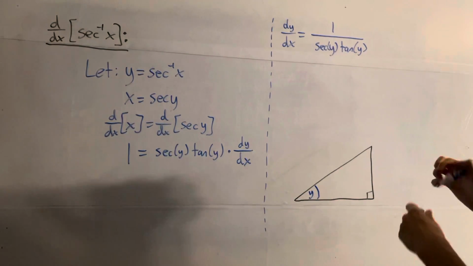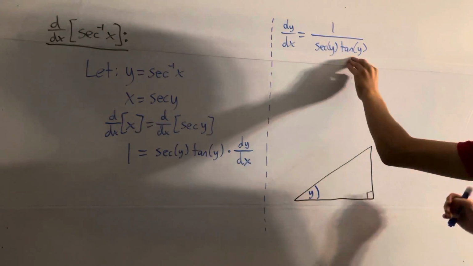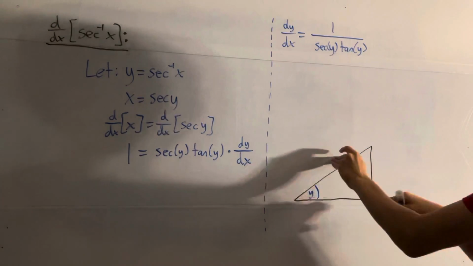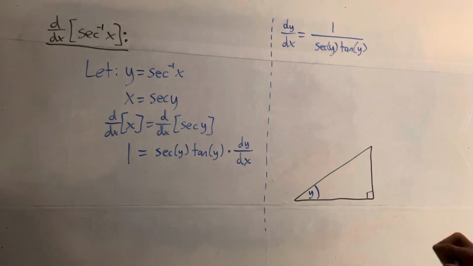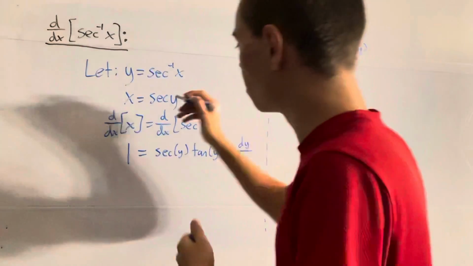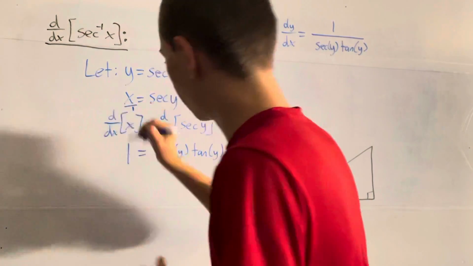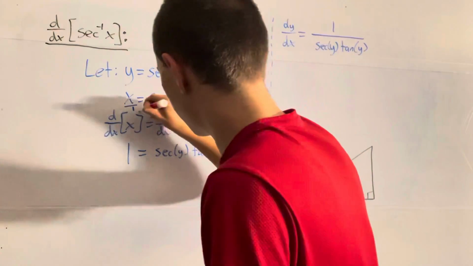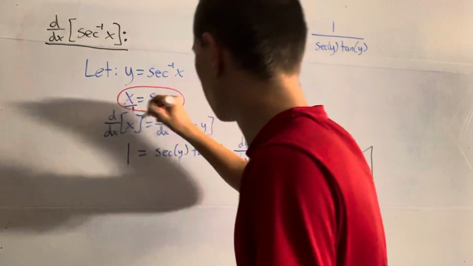In order to find the secant of y and the tangent of y, we have to know what these side lengths are. How do we figure out these side lengths? Well, we know that the secant of y is equal to x over 1.